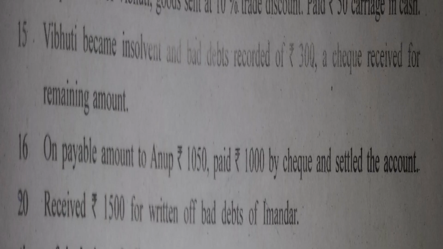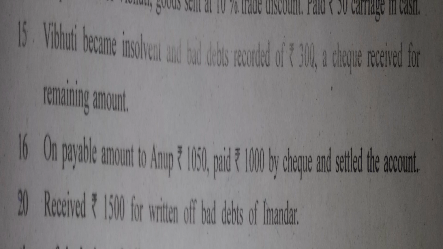But on 15th of June, it says that Vibhuti became insolvent and bad debts recorded of rupees 300. I am supposed to collect 4,500 rupees from Vibhuti, and Vibhuti will pay only 4,200 rupees.